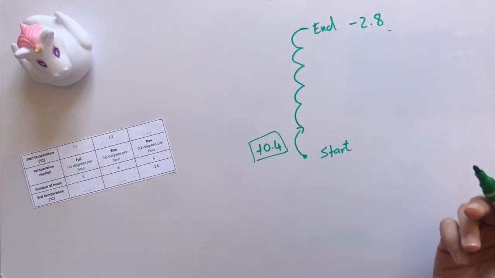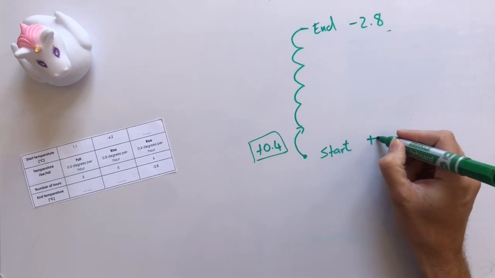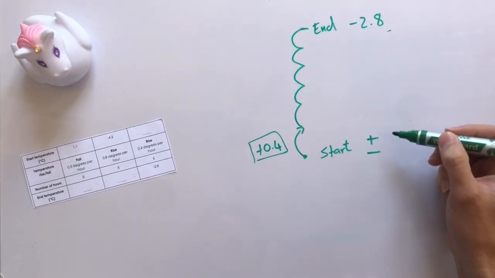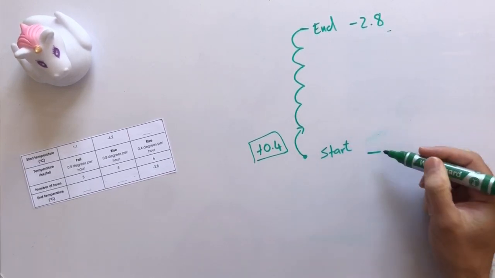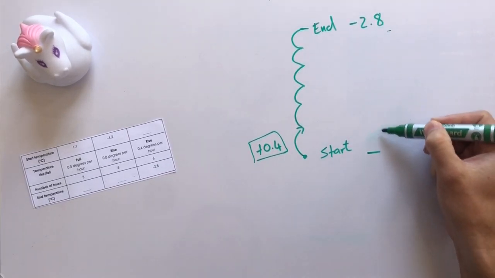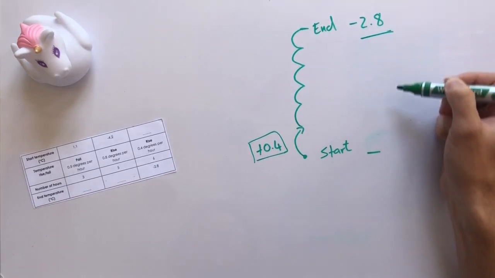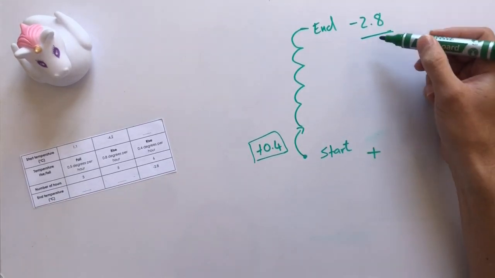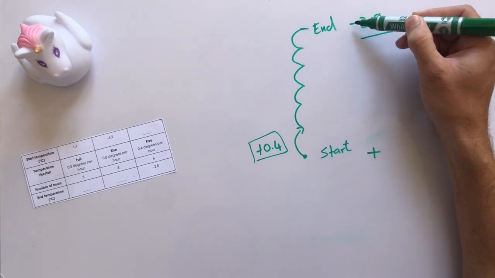So let's just estimate. Will it be a positive or will it be a negative temperature? Obviously it needs to be a negative temperature because it rises to another negative temperature. We can't have a positive temperature because then if it rose, it would still be positive here.